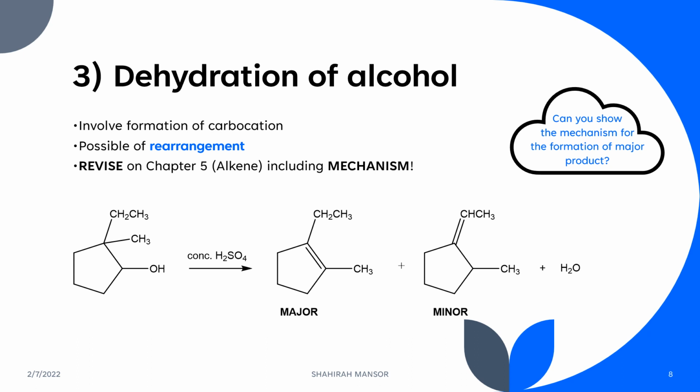Next reaction of alcohol is dehydration of alcohol. Okay, ingat lagi tak dalam dehydration of alcohol, kita akan start dengan alcohol, react dengan concentrated sulfuric acid and you akan dapat alkene products. Okay, so dalam dehydration of alcohol, apa rules yang kita kena pakai?